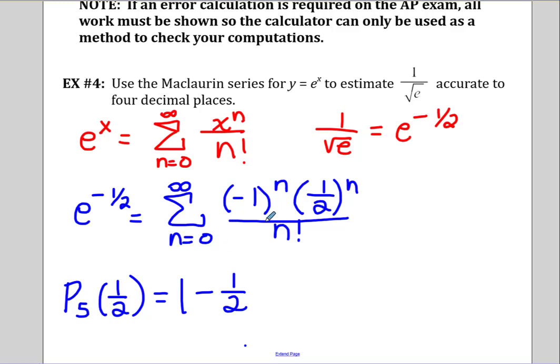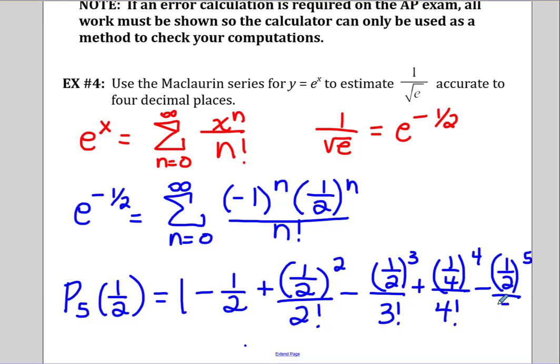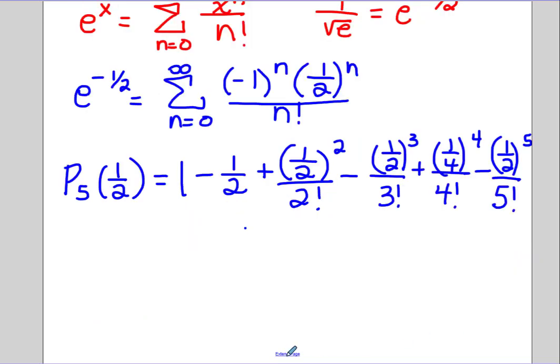And using this formula, we have 1 minus 1/2 plus 1/2 squared over 2 factorial minus 1/2 cubed over 3 factorial plus 1/2 to the 4th over 4 factorial minus 1/2 to the 5th over 5 factorial.